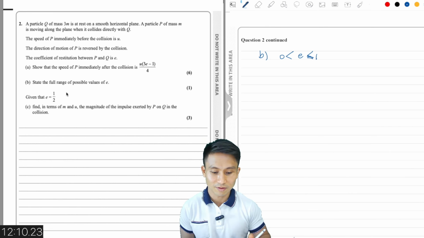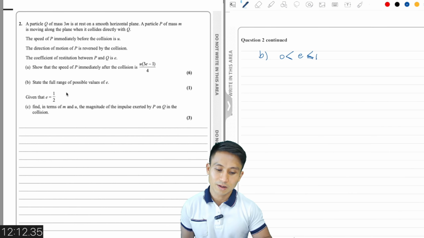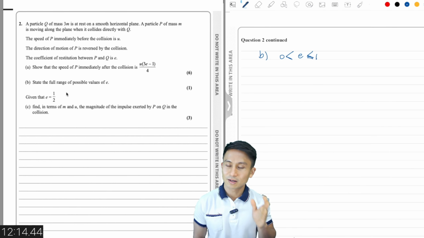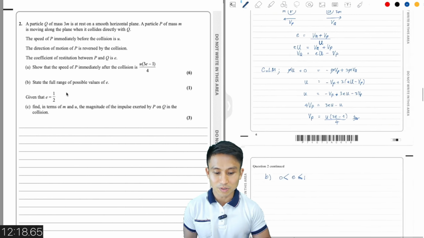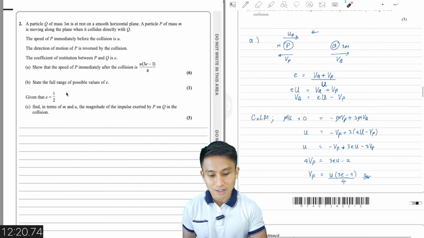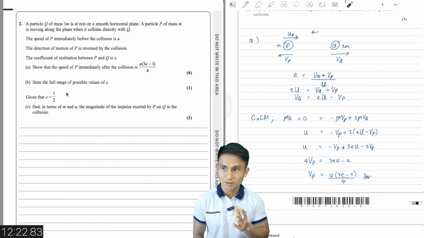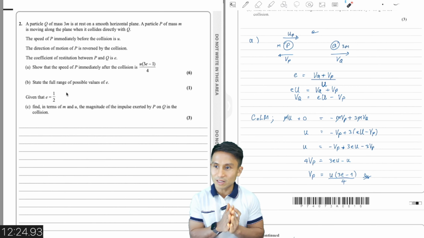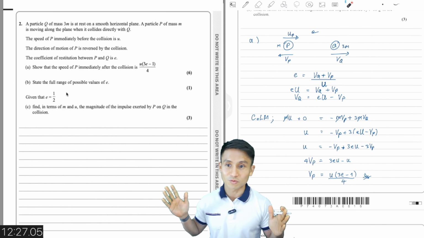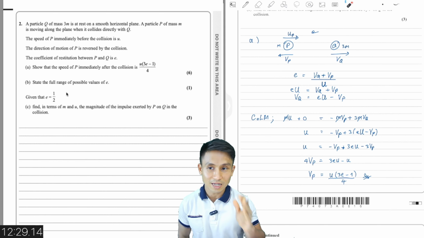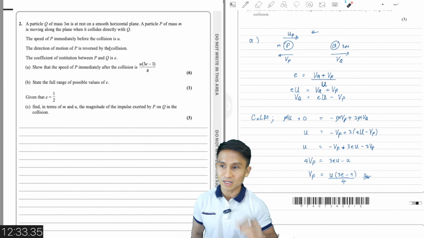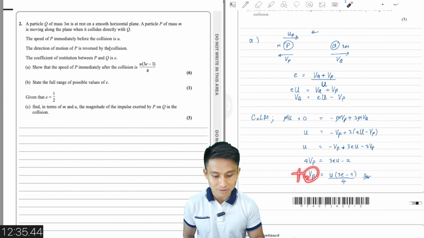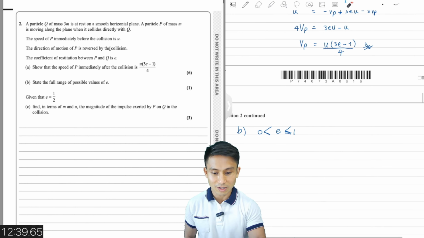You can't have negative. Okay, that's the trivial case, but in this case we know that vp must be, in this case I already computed vp to the left, so going to the left means vp has to be greater than 0, because we know for sure that the direction of P is reversed. We worked on it like that.